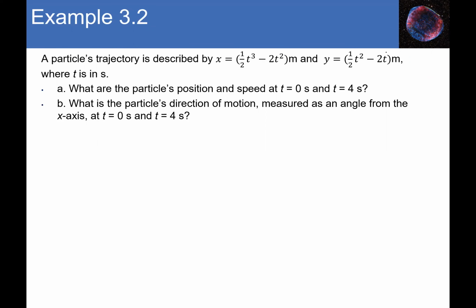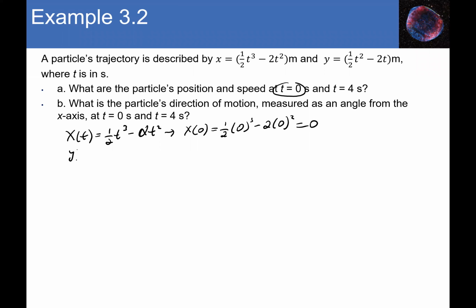To start with, we take x as a function of time, which is 1/2 t cubed minus 2t squared. We want to find the position at t equals 0. If I take t equals 0, it becomes 1/2 times 0 cubed minus 2 times 0 squared, which is 0.